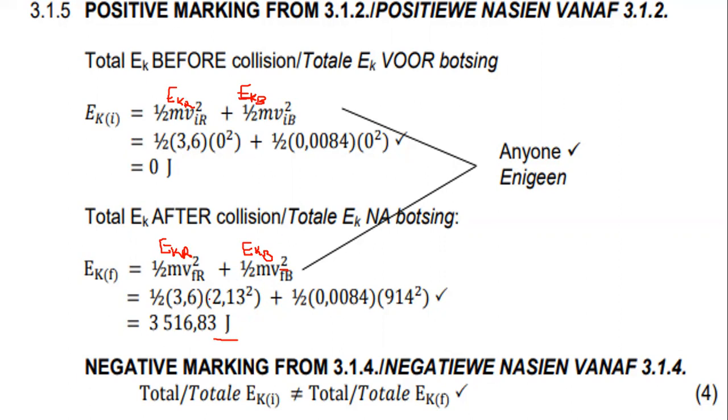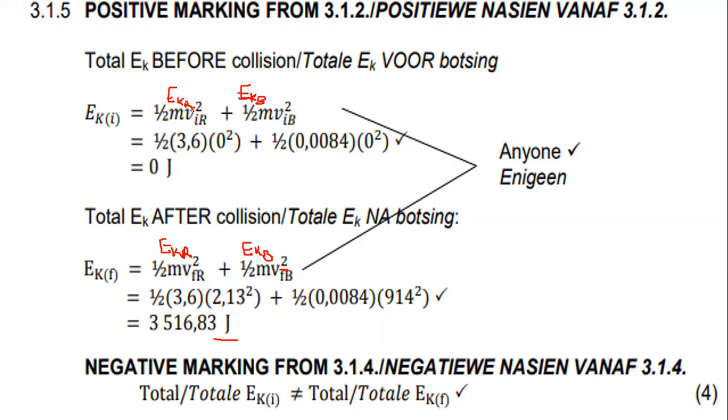So when we reason why we actually said in question 3.1.4 this collision is inelastic, it is because the total kinetic energy before the firing or before the collision is not equal to the total kinetic energy after the collision, or rather after the firing. And that is how you obtain your 4 marks altogether.